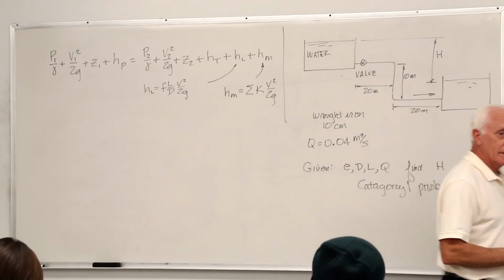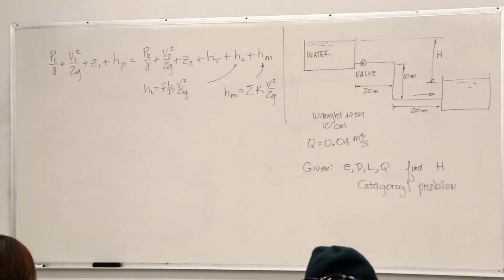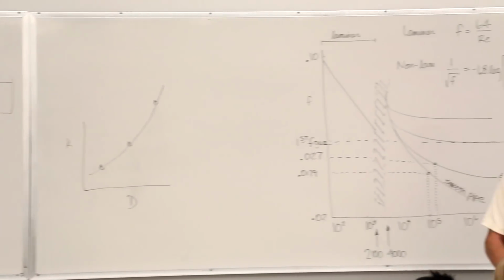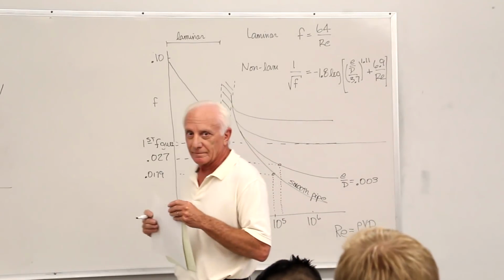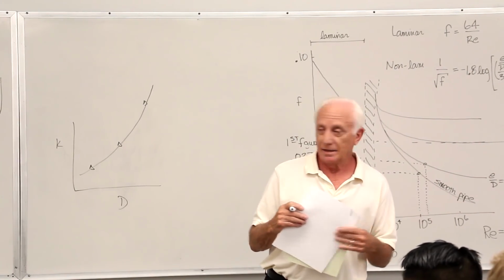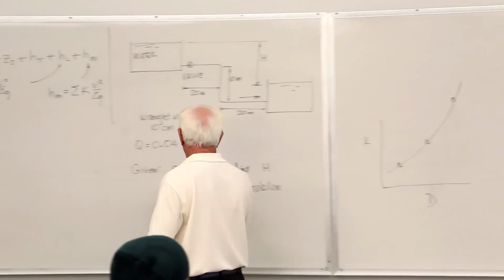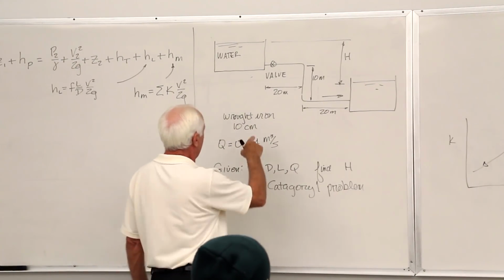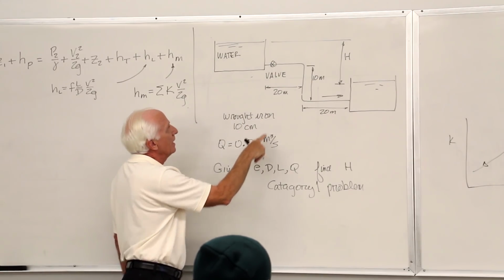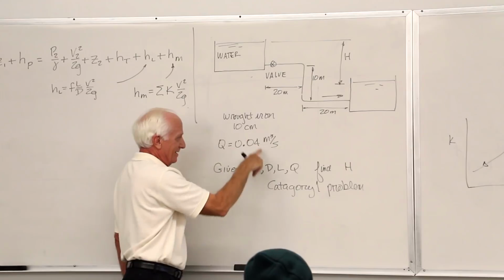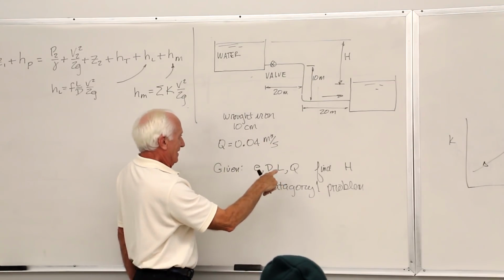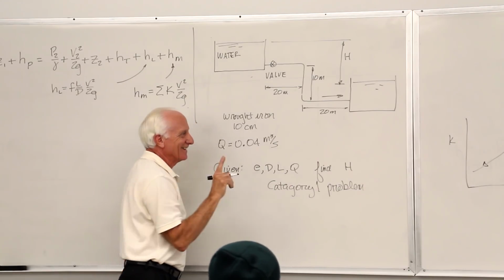Okay, I know right away that's a category 1 problem. I don't need to iterate. What's little E again? That wrought iron tells me that.